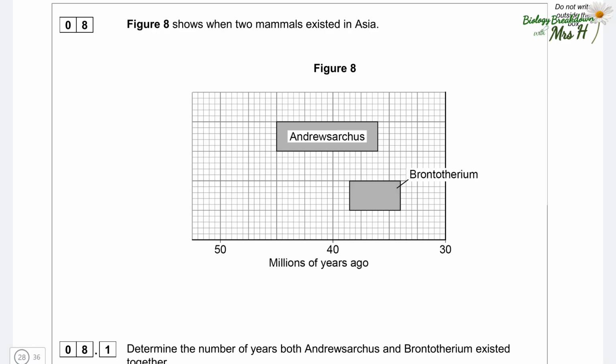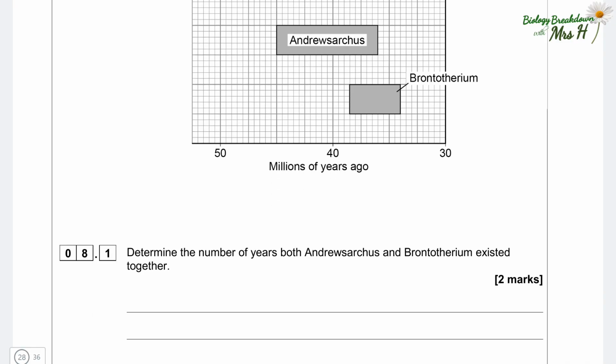Number 8, almost there. Figure 8 shows when 2 mammals existed in Asia. Determine the number of years both Andrewsarchus and Brontotherium existed together. So if we look at the scale of where those bars are overlapping, we've got 38.5 million years ago to 36 million years ago.